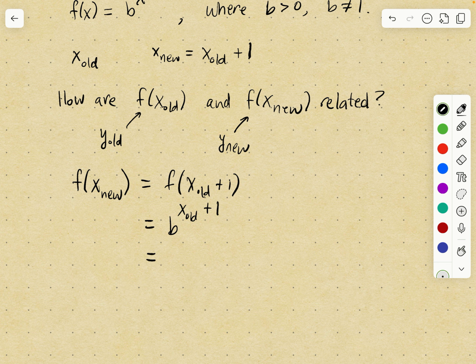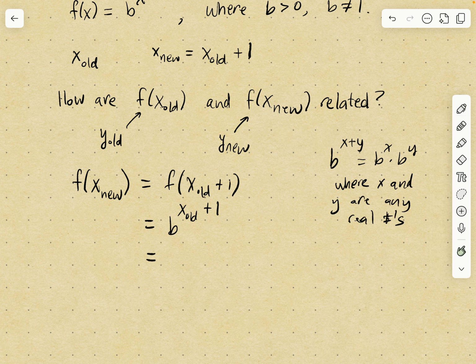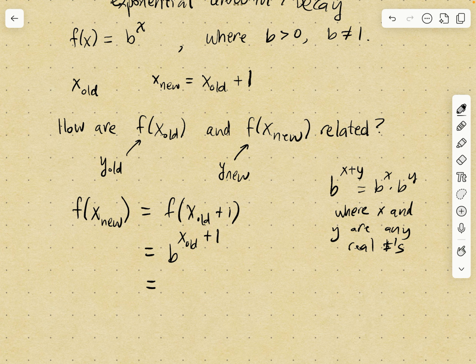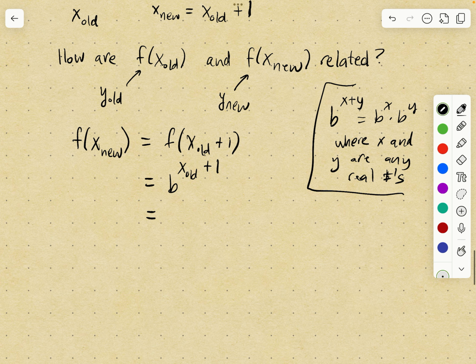Now I have this property. Remember that exponential functions have this property that b to the x plus y is b to the x times b to the y, where x and y are any real numbers. So if I apply that here, I have an exponent that's a sum.